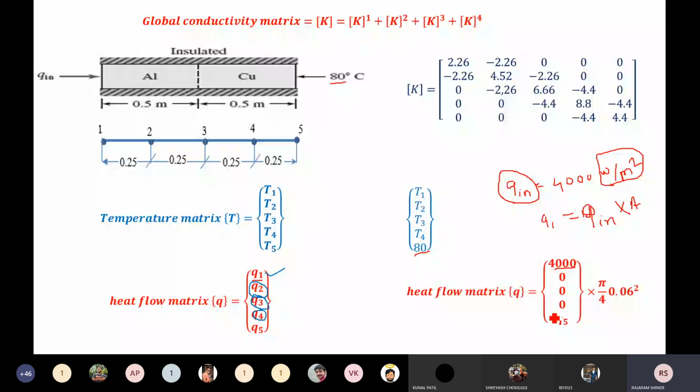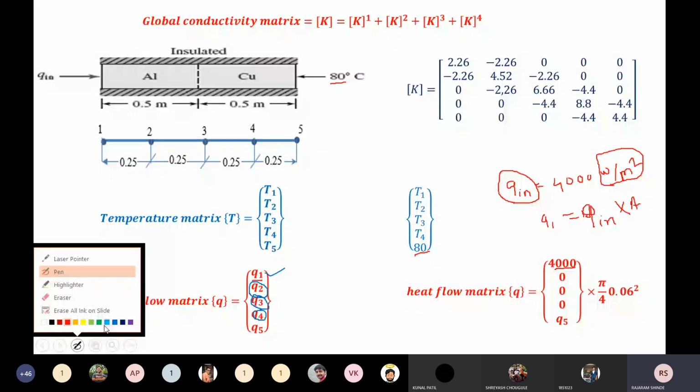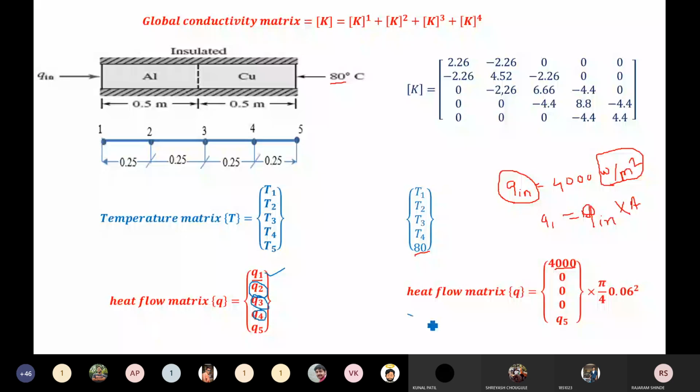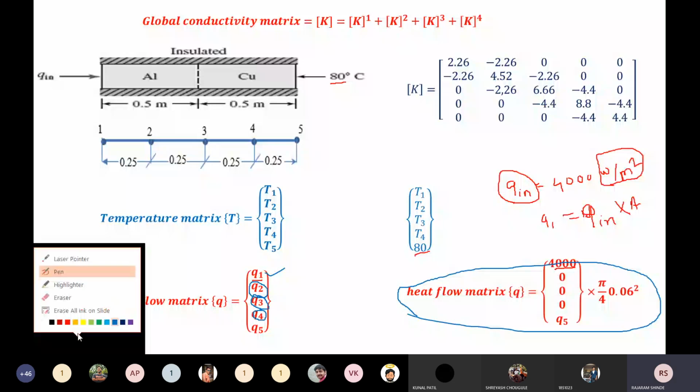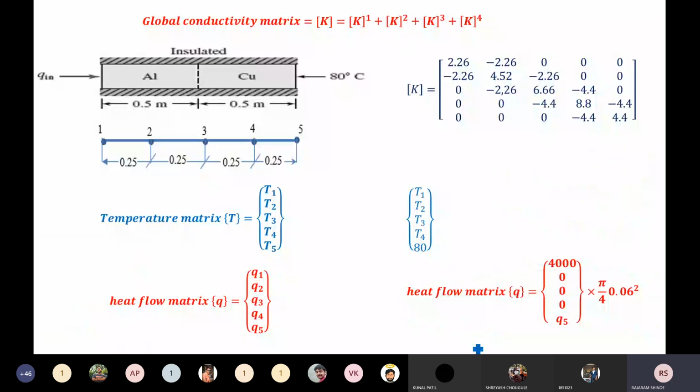I have written this as a heat flux matrix, and I have multiplied this whole heat flux matrix by area. Do you have any doubt why I have taken it like this? Why I have multiplied by area?